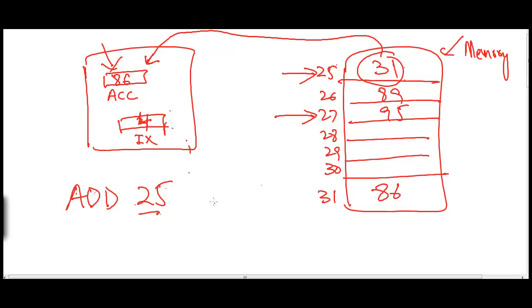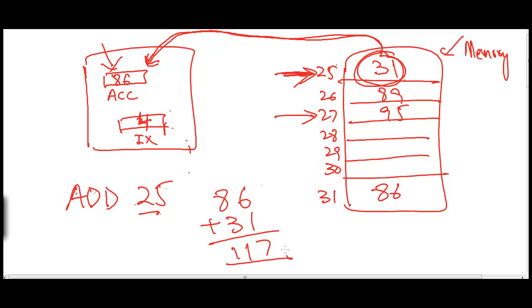So the accumulator already has a value of 86. This value 31, which is stored at location number 25, is going to be added to the value in the accumulator, and we are going to get our result 117. This new result is going to be saved into the accumulator. So the old value 86 is going to be overwritten, and this new result is going to be saved in the accumulator.